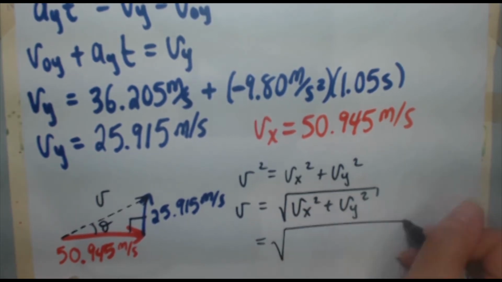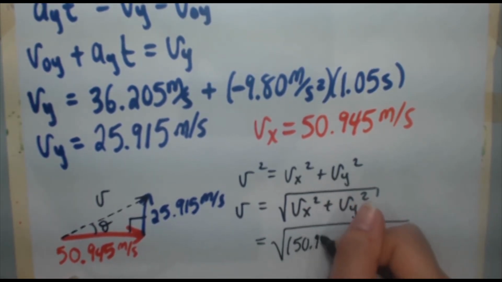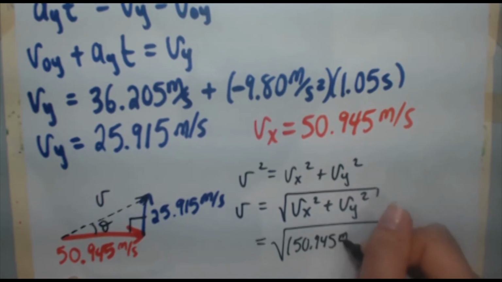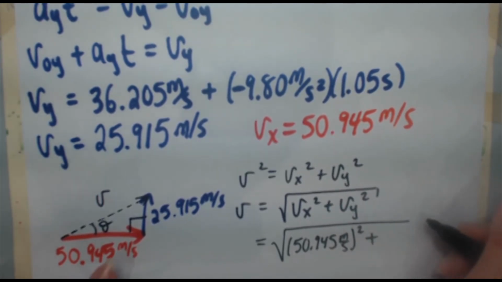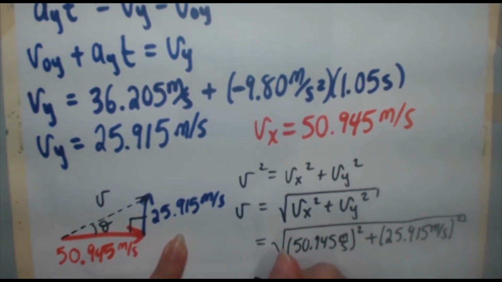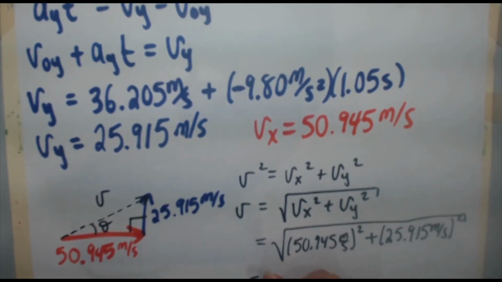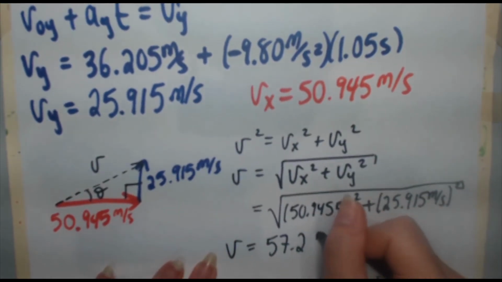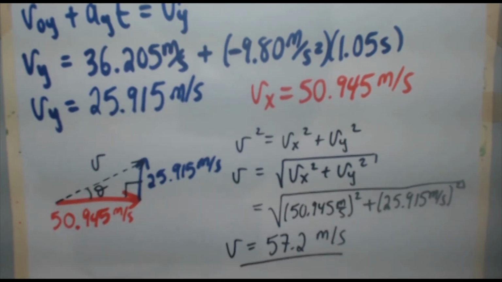Vx is your 50.945 meters per second squared plus your vy squared, 25.915 meters per second squared. Square, square, add them together, take the square root of the sum, and you're going to end up with your speed as 57.2 meters per second.